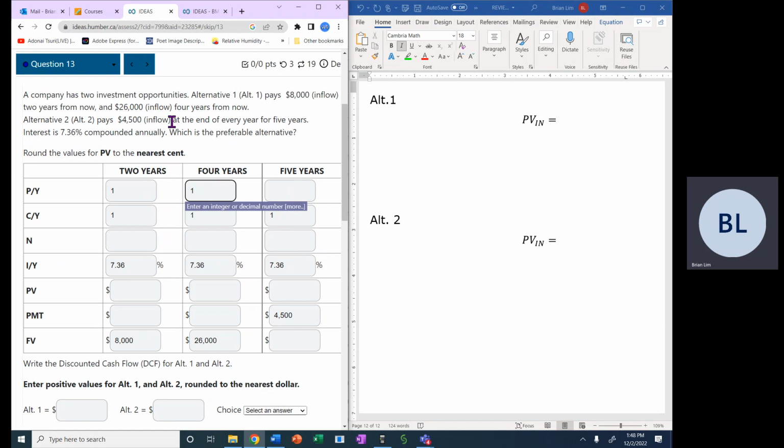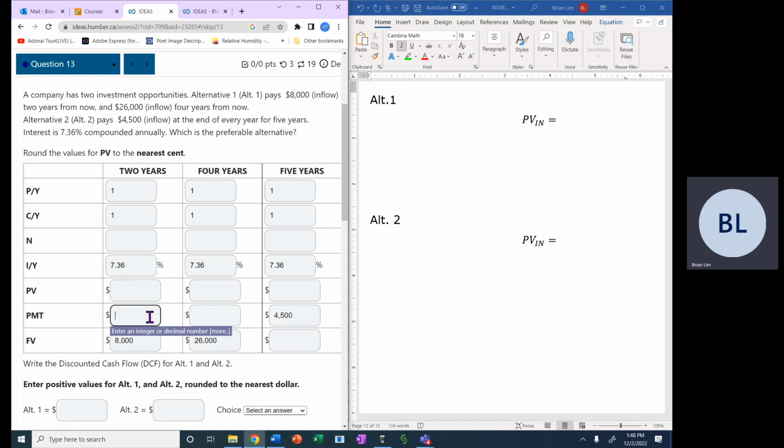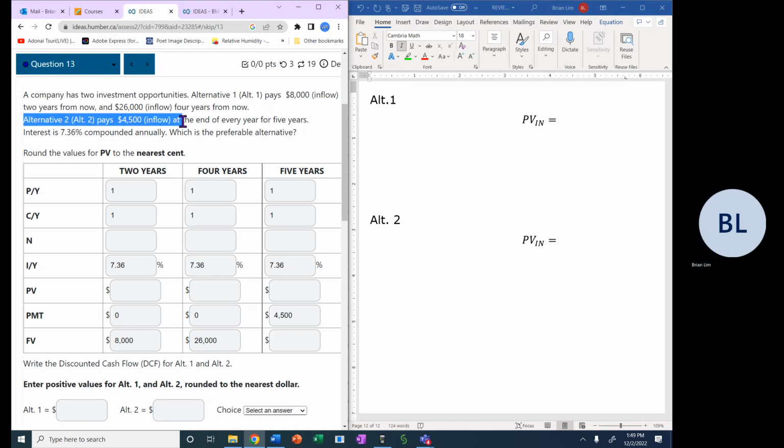Now the alternative 2 is at the end of every year. It pays $4,500 at the end of every year for 5 years. So those payments are also annually. Okay, so we have that done. And over here, these ones, there's no periodic payment, whereas here, this is for alternative 2.